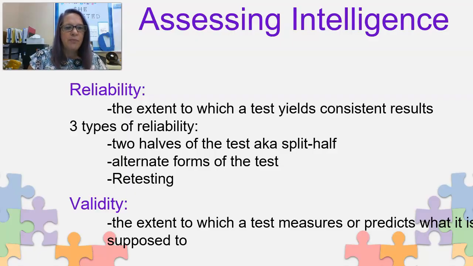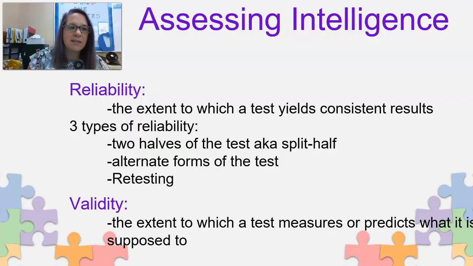The two halves of a test, what we call a split half. If you had a 100-question test, your score on numbers 1 through 50, and your score on 51 through 100 should be very similar. That shows that your test is yielding consistent results.